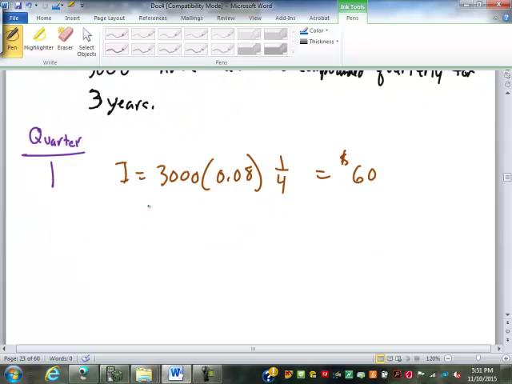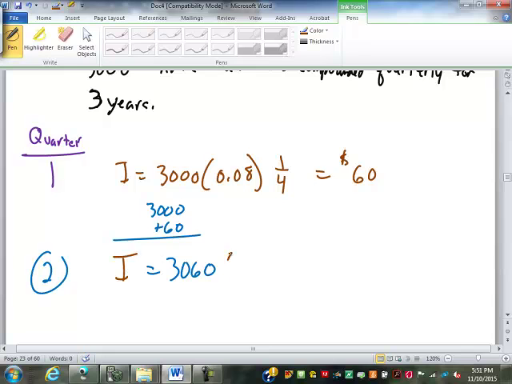So that means 3,000 plus 60, we start out quarter 2 with $3,060 principal. So to find that interest, it's 3,060 times 0.08 times 1/4. Comes out to be $61.20 in interest. Notice we already have more interest because of the compounding, an extra $1.20.